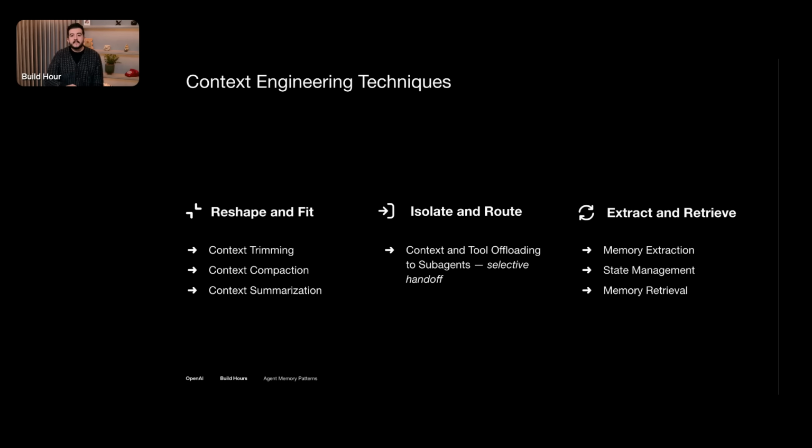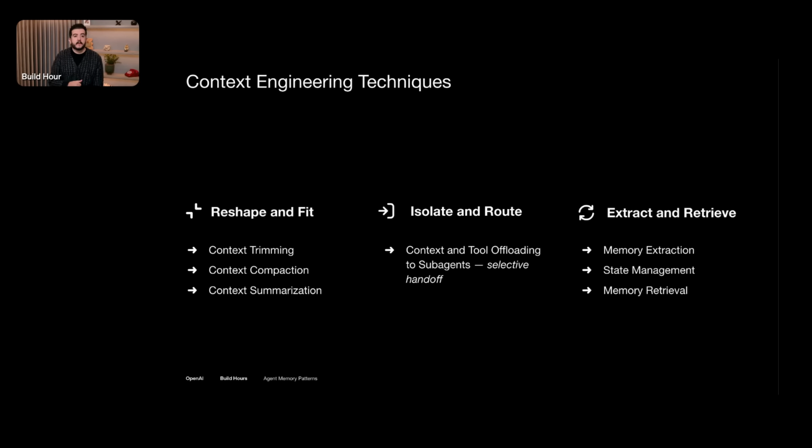This slide is where we transition from why context engineering matters to how to actually do it in practice. I'll frame this as a toolkit of techniques. These are not mutually exclusive. Most real-world agent architectures combine multiple strategies depending on the use case and the context budget. The first technique is reshape and fit.